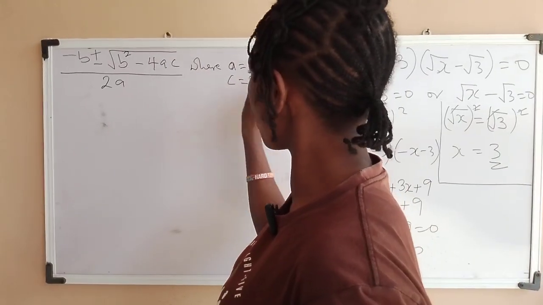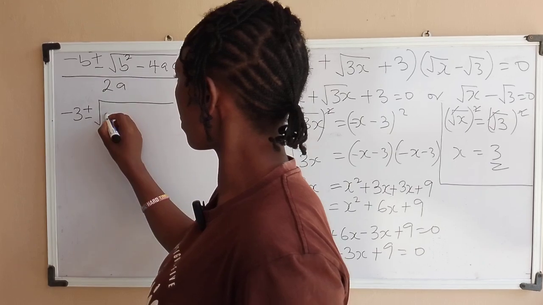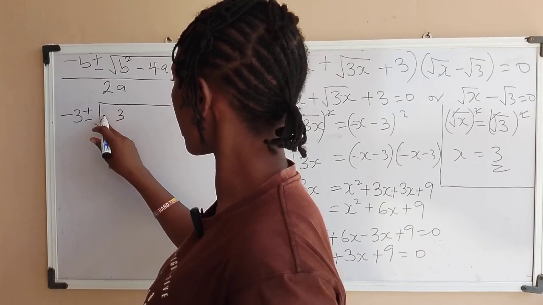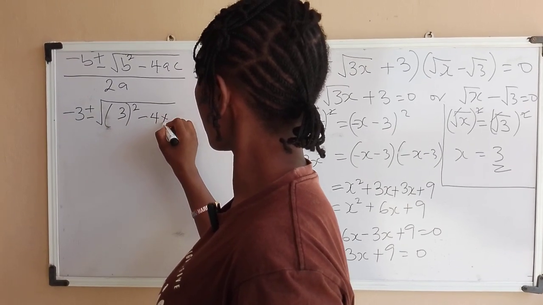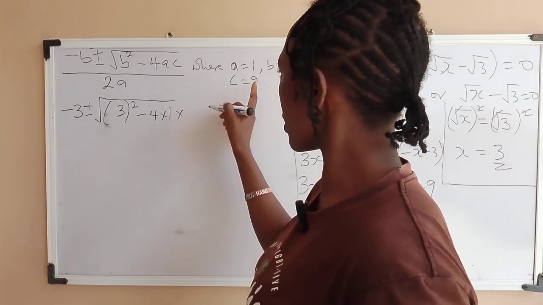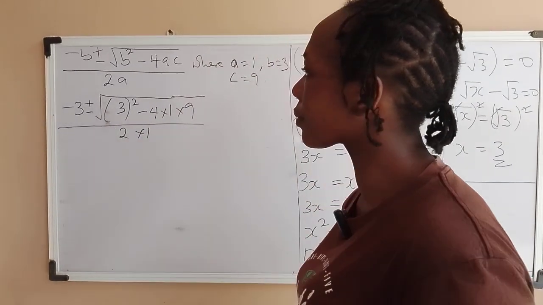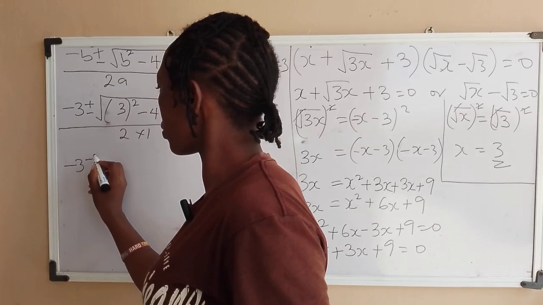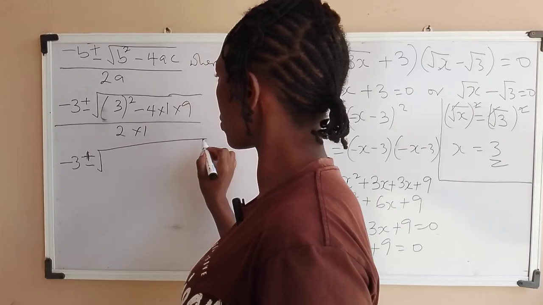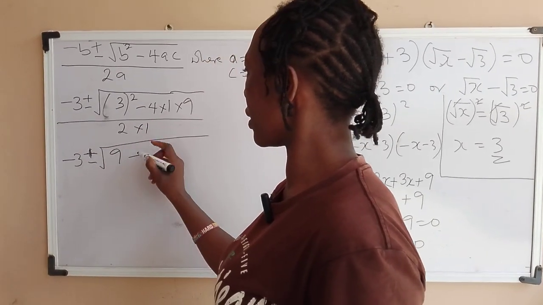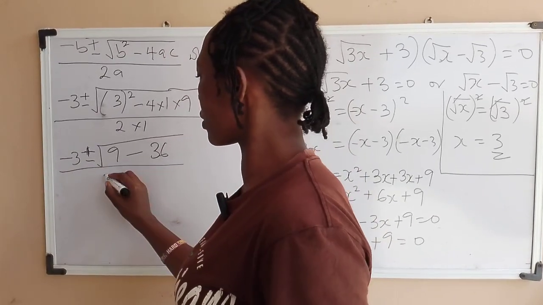So this will give us minus 3 plus or minus square root of... okay, b is actually a positive 3, so we have it squared, minus 4 times a, which is 1, times c, which is 9, all over 2 times 1. Now this is minus 3 plus or minus the square root of 9 minus 36, all over 2.